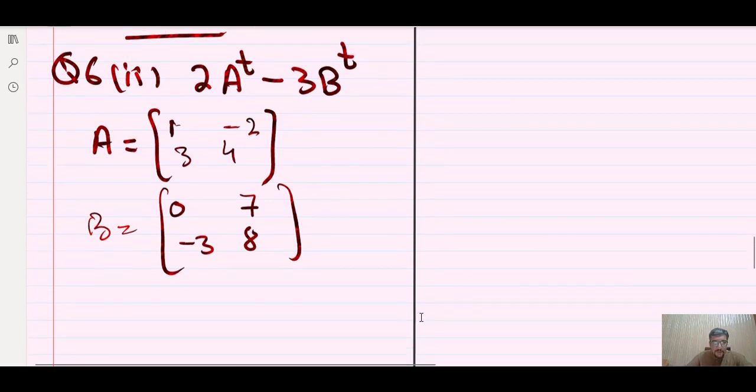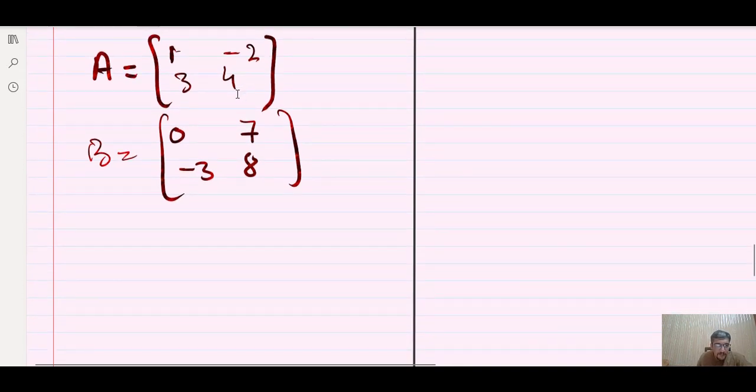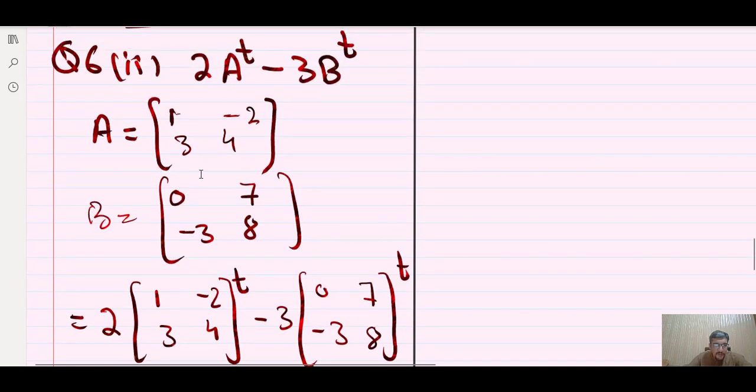So before solving this, we have to take the transpose, or you can do this in the same way as well, that is 2 into 1 minus 2 3 4 and its transpose, and minus 3 into B transpose, that is 0 7 minus 3 8 and its transpose. I have just substituted the values, or you can say substituted the matrices in this.